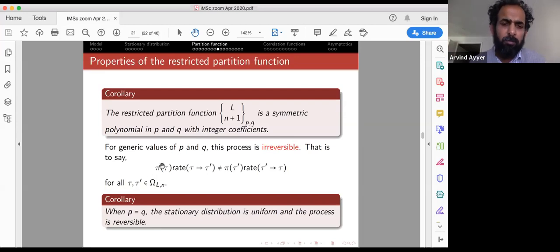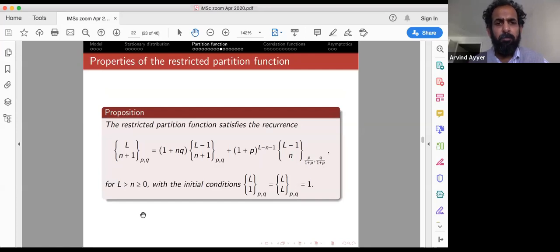That follows directly from the complicated product formula for the distribution. When P equals Q, the stationary distribution becomes trivial. It's uniform, so every configuration becomes equally likely, and the process becomes reversible. That's less interesting. Even if P is equal to Q but they're not equal to 1, that's still boring. So we'll consider the case P strictly greater than Q.